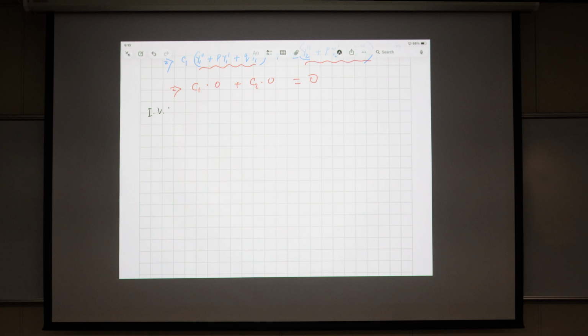Initial value problem in second order ODEs.